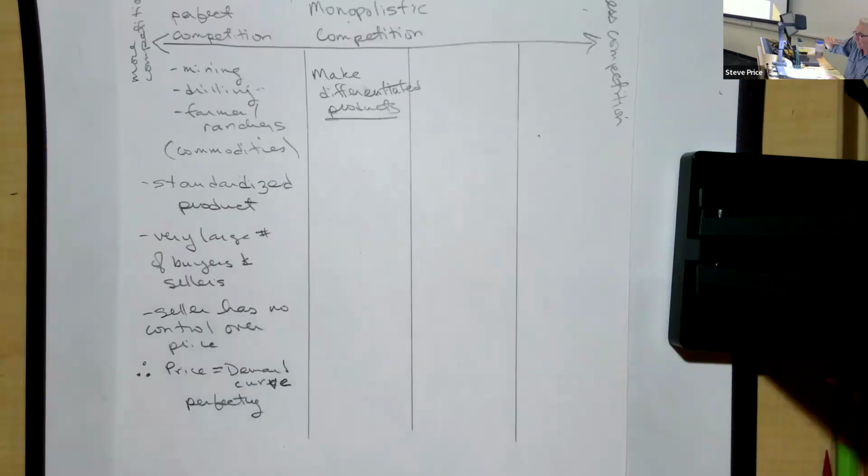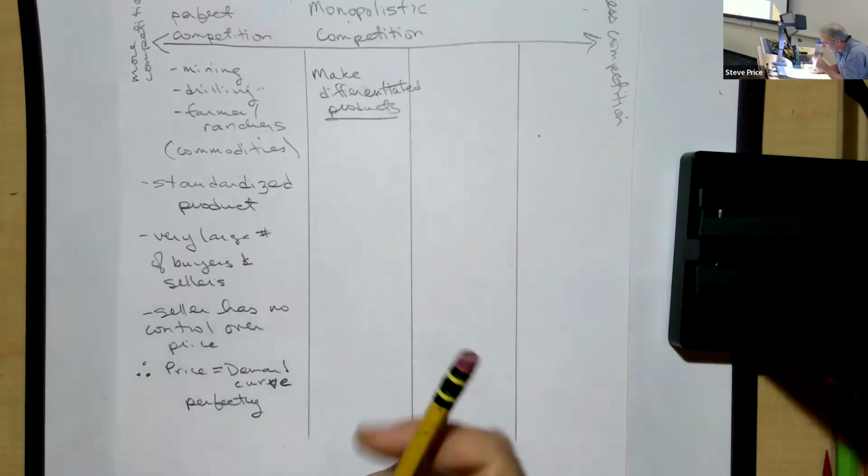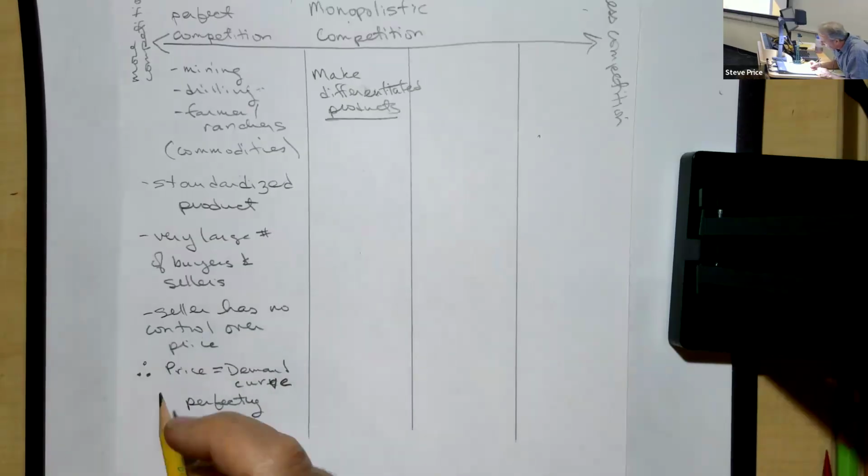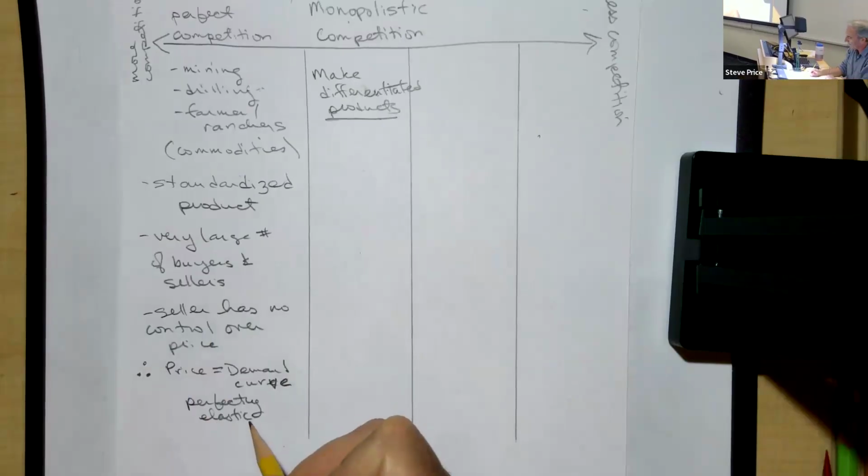More inelastic or elastic? Yeah, and in this case, perfectly elastic. I'll show you graphically what that means in a second. And this also means that price, as I wrote last class, is equal to marginal revenue.